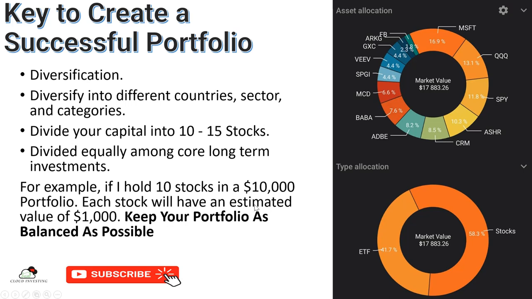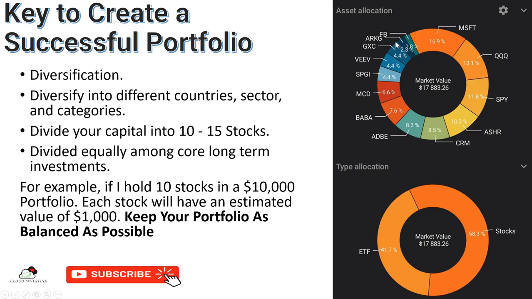Okay, this is one example from my portfolio. You can see that in my portfolio, I have Microsoft, QQQ, SPY, SHI which is a China ETF, Salesforce, Adobe, Alibaba, McDonald's, SPGI, and so forth. You can see that in this portfolio, I have a big allocation in Microsoft, QQQ, and SPY, and the SHI, the China ETF.